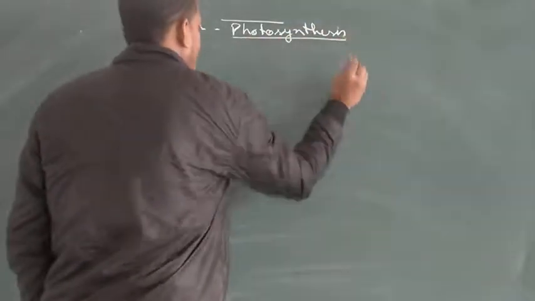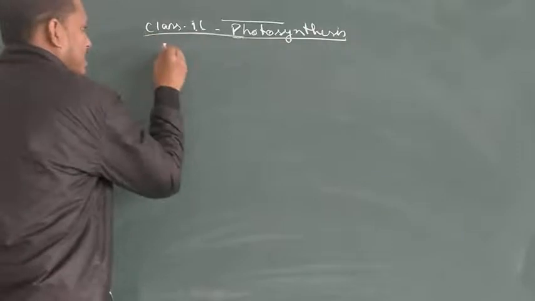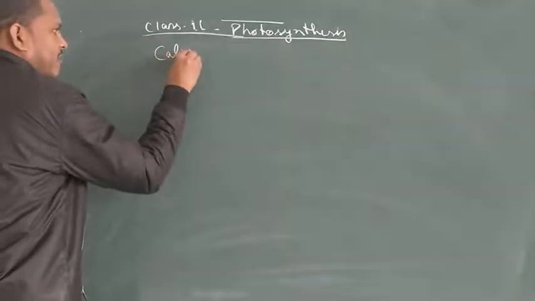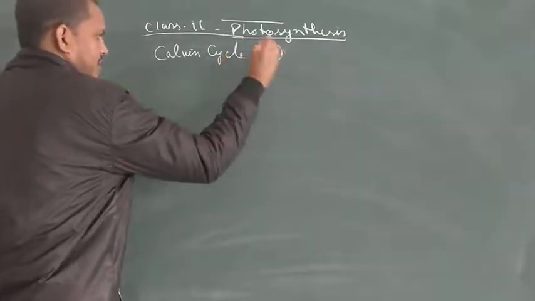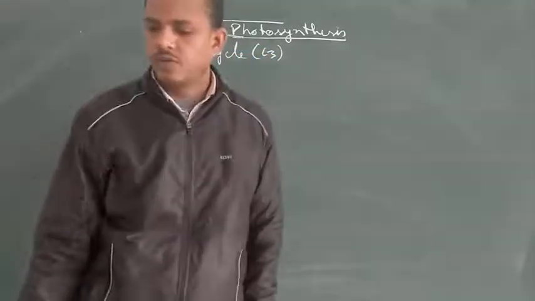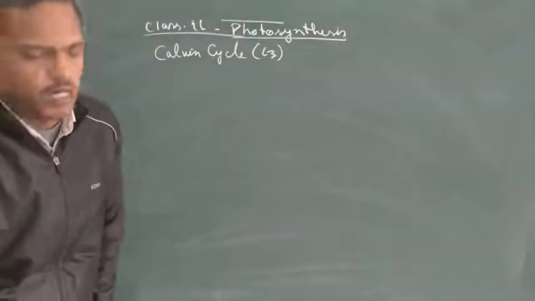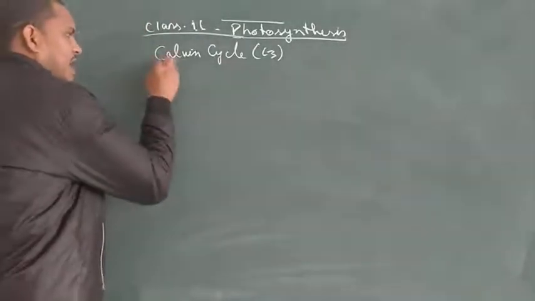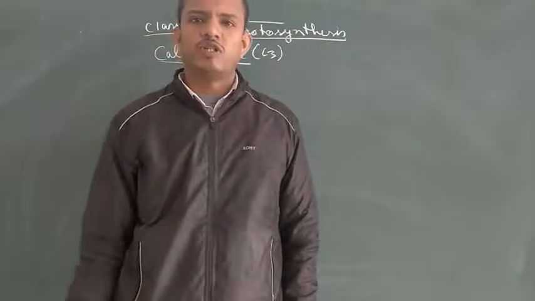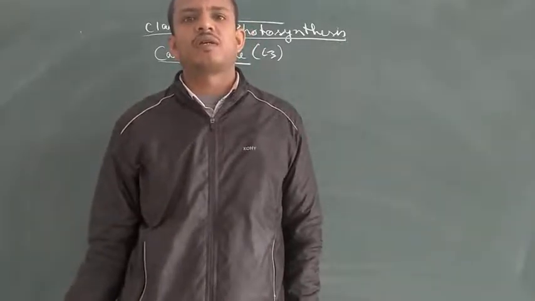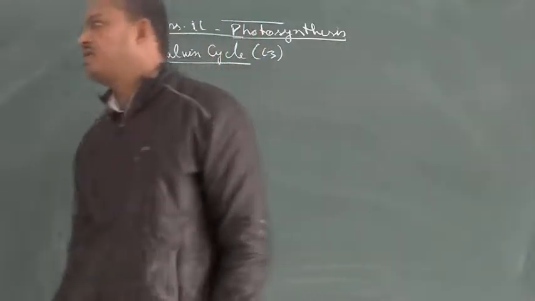And today we are going to discuss the Calvin cycle. Before we start, the Calvin cycle is named in honor of the person who invented or studied this cycle. The name of the scientist who mainly started the work here is Melvin Calvin.